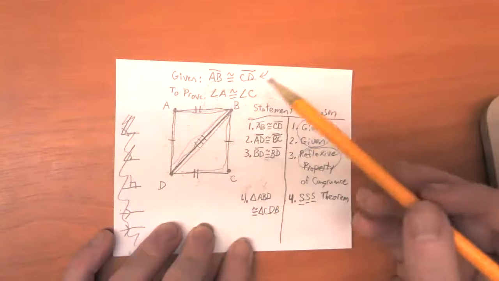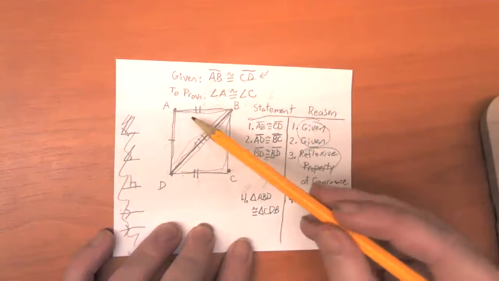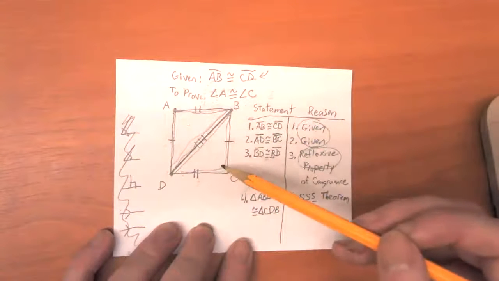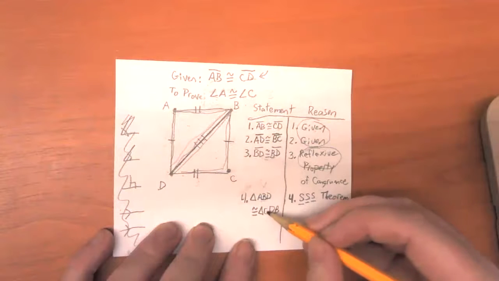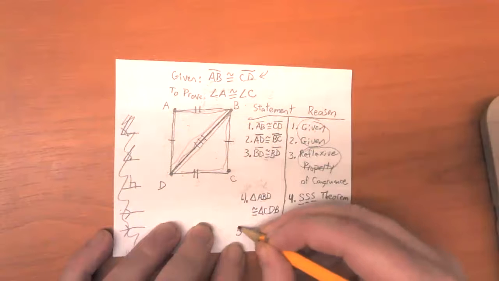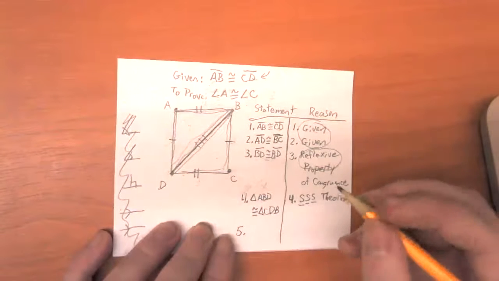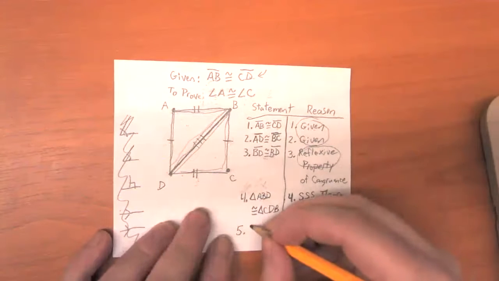Well, I know that these are both angles of these two congruent triangles, and they correspond to each other. A is the first letter in this triangle, and C is the first letter in this triangle. So they're corresponding parts of congruent triangles.